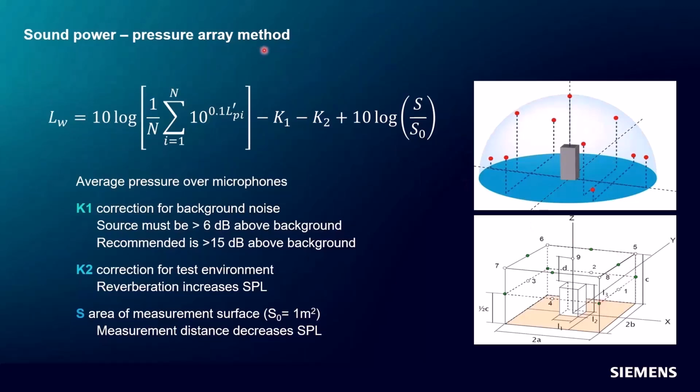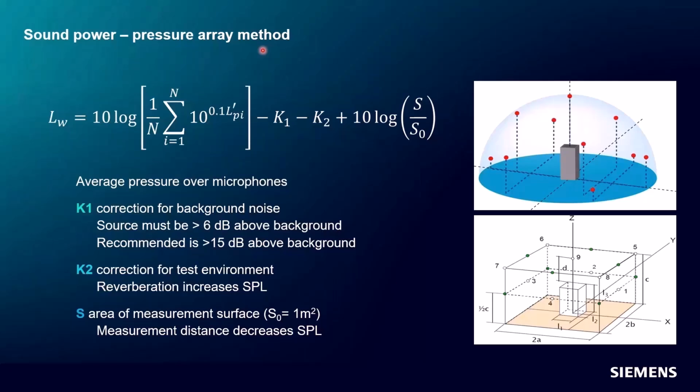Ideally, you want to do the measurement in an anechoic room, so the rooms are specifically treated with noise absorption material. But a lot of times we don't have the luxury of doing the measurement in anechoic rooms or semi-anechoic rooms. So in that case, we may choose to do the measurements in a hard wall test cell, for example.